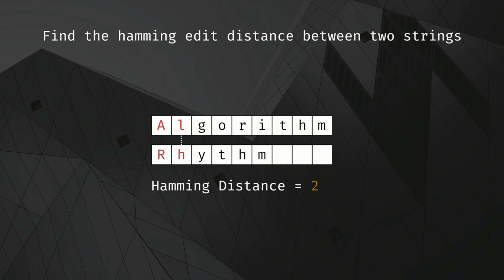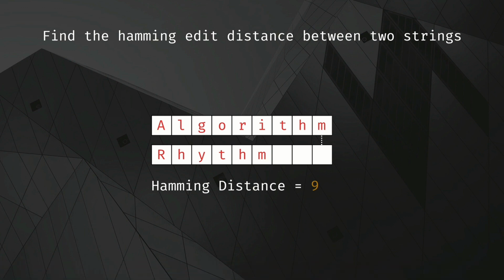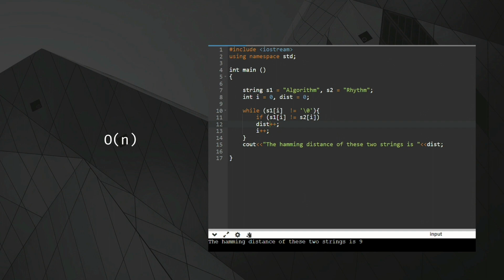Neither are O and T, R and H, and I and M. And neither are all of the extra characters. Therefore, the Hamming distance between these two strings is going to be 9. We're going to plug it into our code and yep, we can see that the Hamming distance of these two strings is 9.